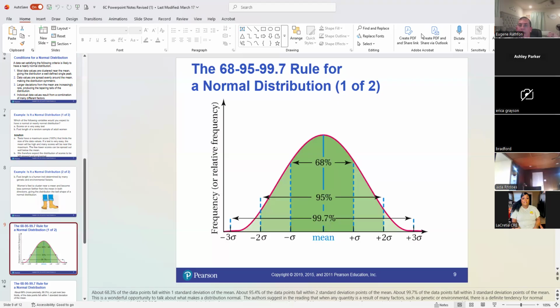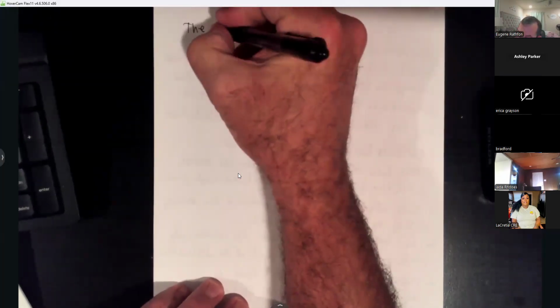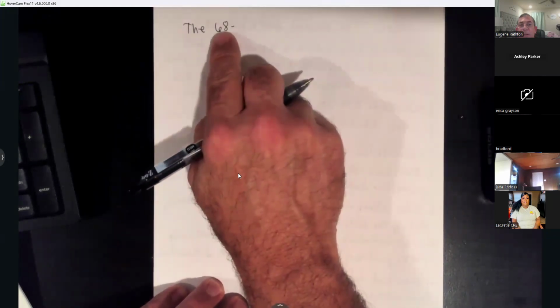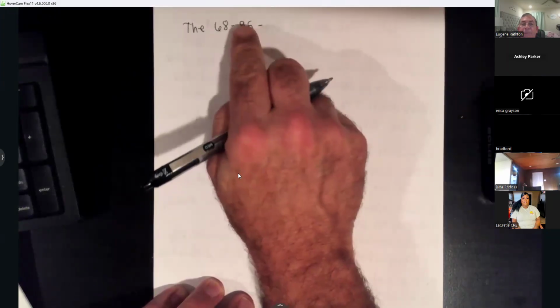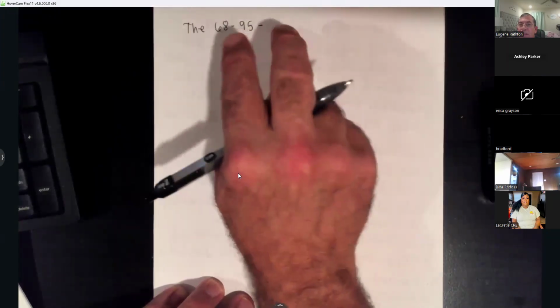So y'all, let me write that out in words. We call this the 68, because remember, 68% of the data will be within 1 standard deviation. 95, because 95% will be within 2 standard deviations.